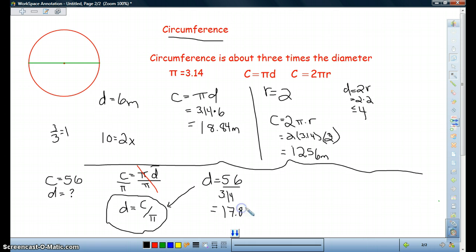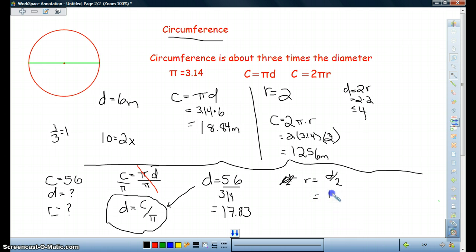Now what if the question said also find radius? Well, now we know our diameter. How do we compare diameter and radius? Well, it's half of that. So we have radius equals diameter divided by 2.